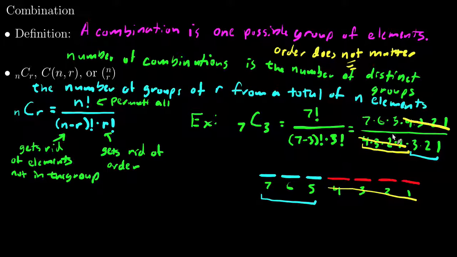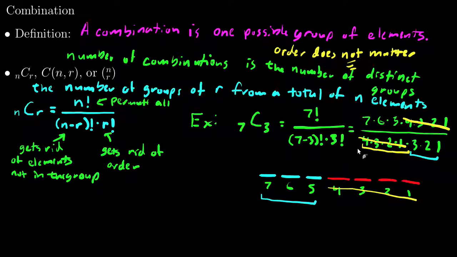And I always sort of work it out this way. I cancel out as many as I can, whether the bigger number is here or here, I cancel that out. So in this case, 7 minus 3 was 4, so the 4 factorial cancels out more stuff to begin with. If I had 7 minus 5 here, this would be a 2, and this would be a 5 factorial, and then I'd cancel out with the 5. And the next thing I do is this.